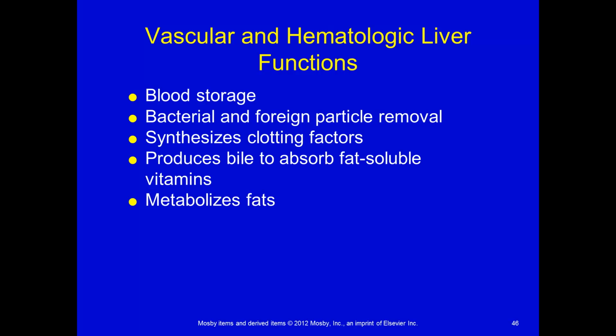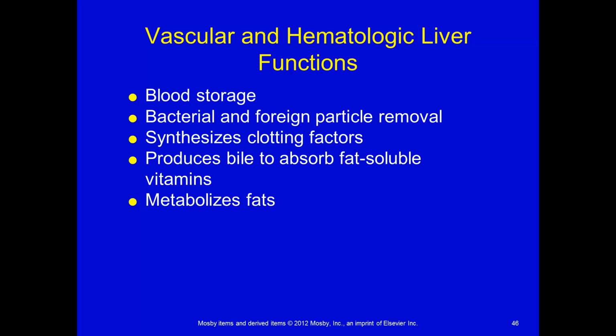So, in talking about vascular and hematologic liver functions, remember we've already discussed the metabolism of bilirubin, the secretion of bile, the blood circulation through the liver. So we're going to pick up here with vascular and hematologic functions of the liver. Because of its extensive vascular network, which we've talked about already, the liver can actually store a large volume of blood.